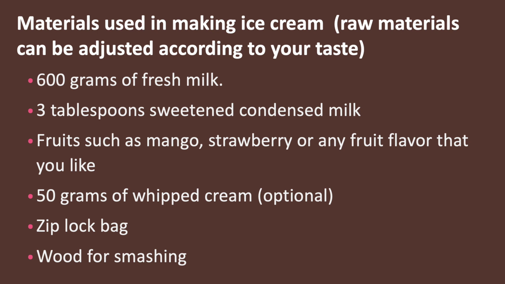Next, you need to prepare 600 grams of fresh milk. Then, 3 tablespoons of sweetened condensed milk. And then fruits such as mango, strawberry, or any fruit flavor that you like. Then 50 grams of whipped cream, and this is optional. If you make it without this, it's okay. And if you want to put this, it's okay.